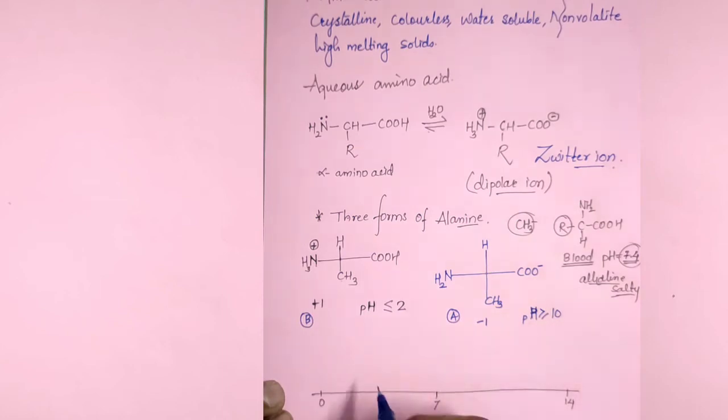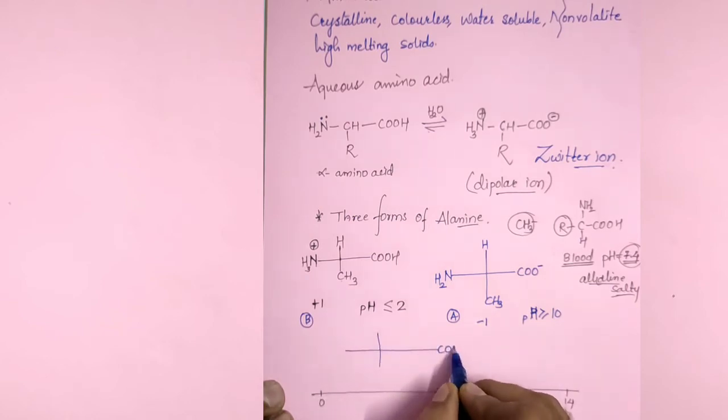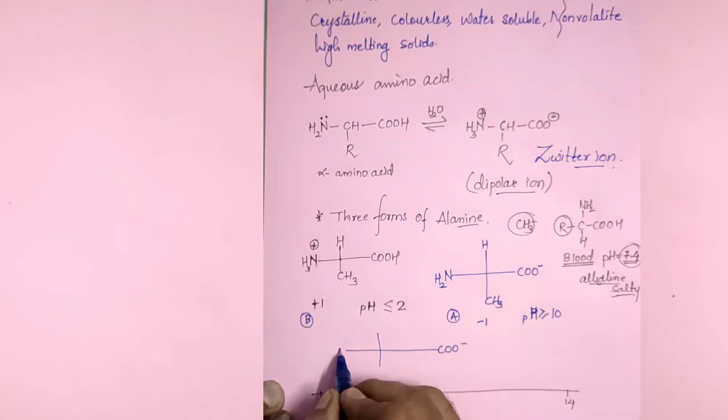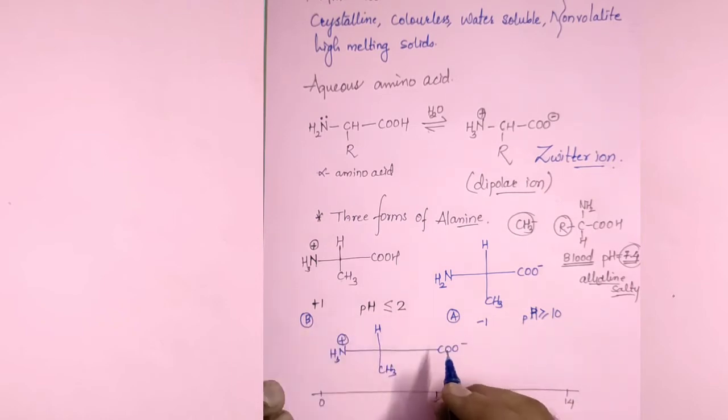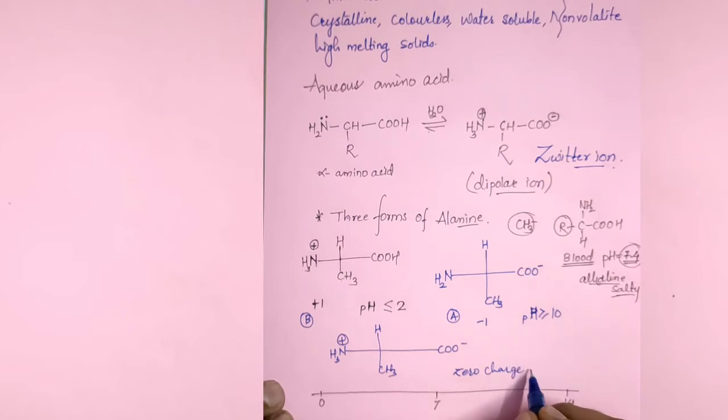Now suppose the molecule has dipolar charge, COO minus and NH3 plus. The overall charge for this is 0.